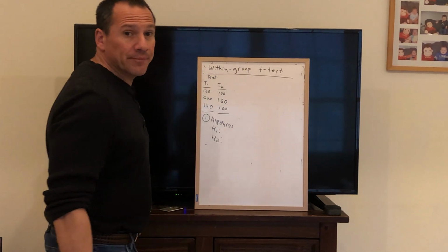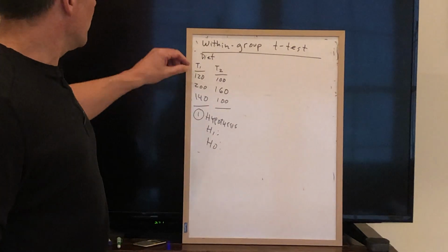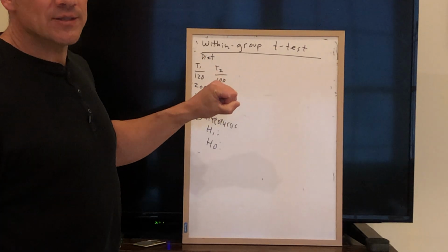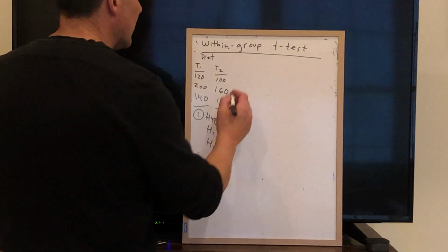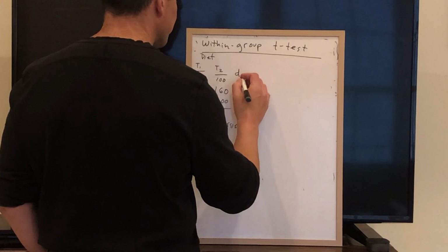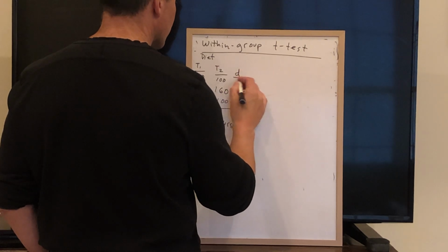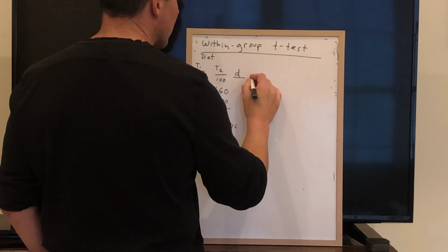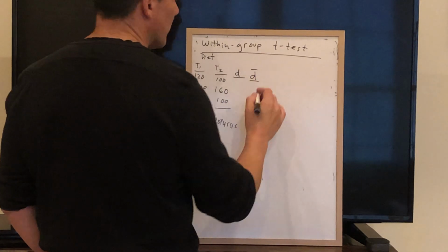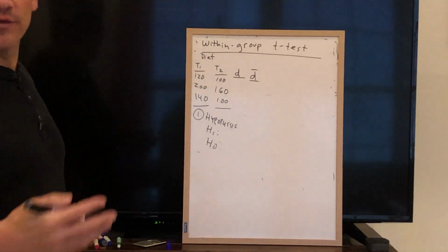It's going to be a little bit different, okay? With a within group t-test, we're going to look at differences. And then we're going to look at something that we call D bar, which is the average of those differences.